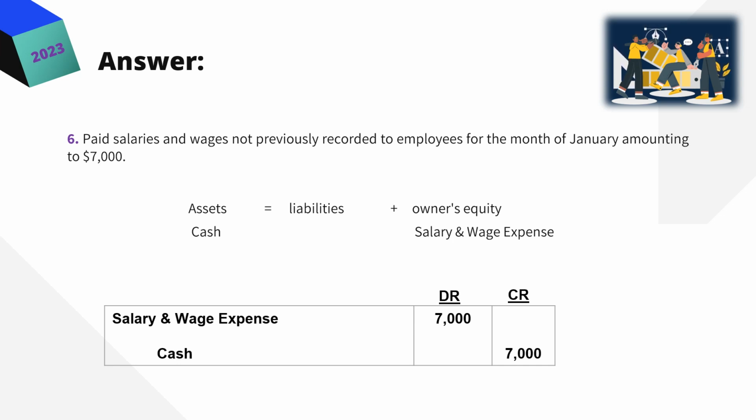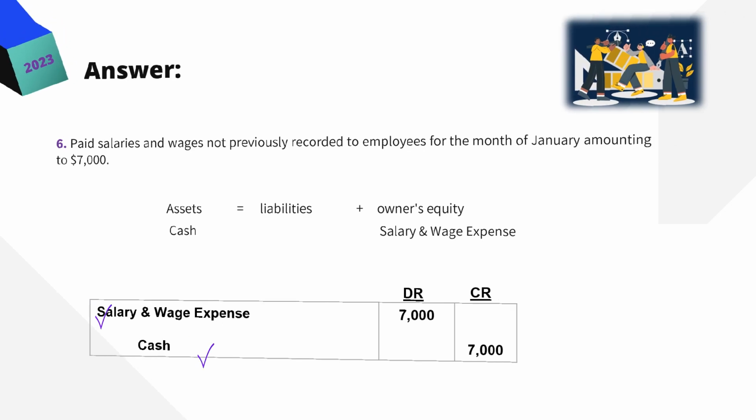What we're saying here is we simply had a cost of doing business and we will reflect it directly as an expense. It has not been previously recorded as a liability or an expense, and therefore we're not double counting it. We'll simply call it an expense. Increases in expense are reflected as debits. The journal entry is debit salaries and wage expense and credit cash.